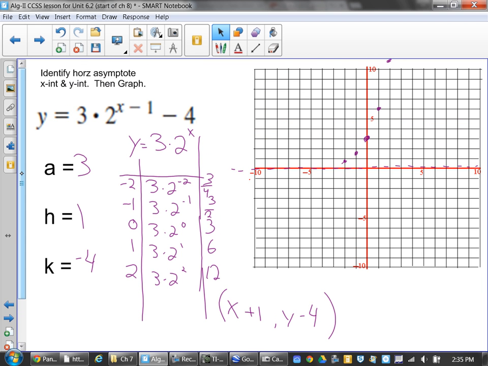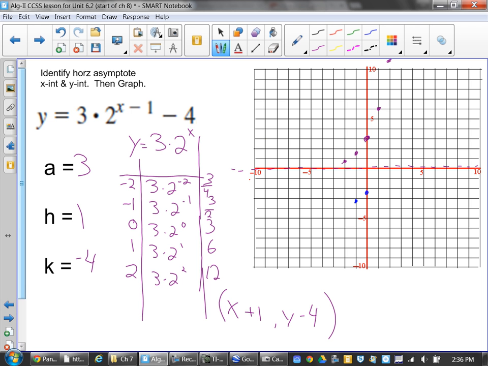But for the sake of time, I'm just going to walk it on my graph right now. I know this point has got to go to the right 1 and down 4. 1, 2, 3, 4. Right 1, down 4.